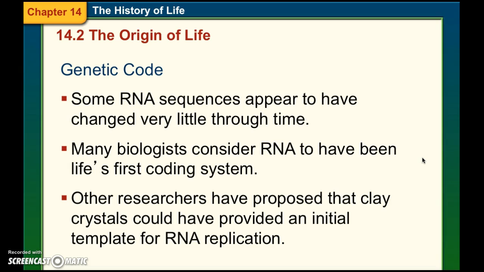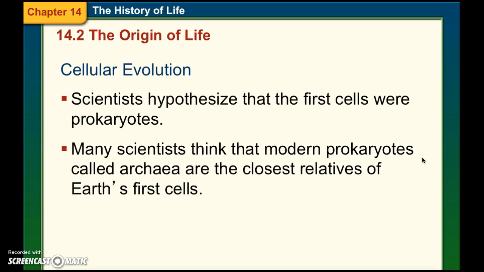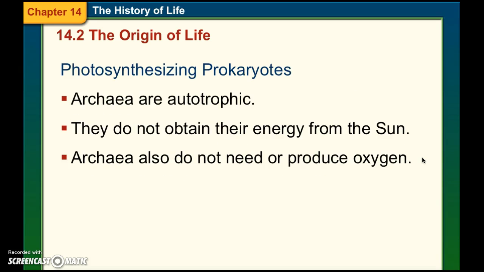RNA is very, very good to look at to see what the origin of life came from, because it hasn't changed over time. Many biologists believe that RNA was first, and it was the original template for DNA. So cellular evolution is the hypothesis that the first cells were prokaryotes, and over time these prokaryotes actually engulfed other prokaryotes and became eukaryotic cells.